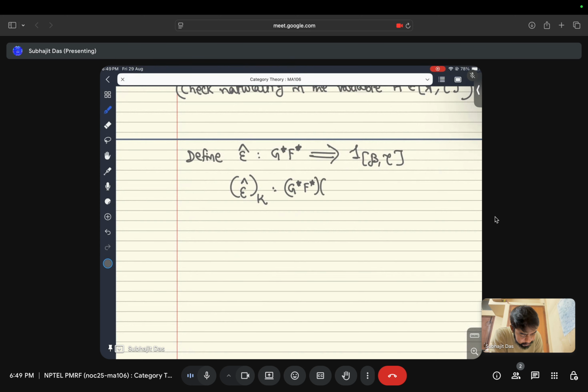I hope I didn't mess up the notation here. So F is from A to B, G is from B to A, H is from A to C, right? And G is from B to A, F is from A to B, and K is from B to C, right?